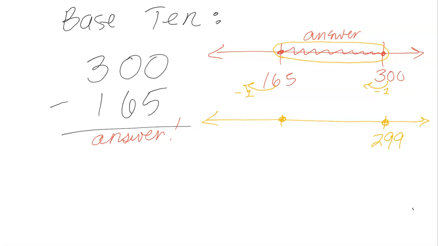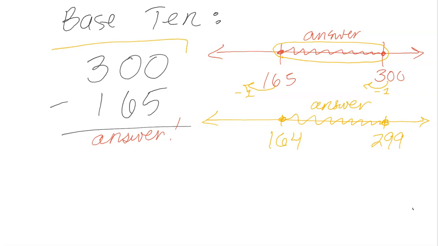That's right, 299. What is the number before 165? That is 164. And as you can see, the distance from the yellow and the distance from the red is the same.